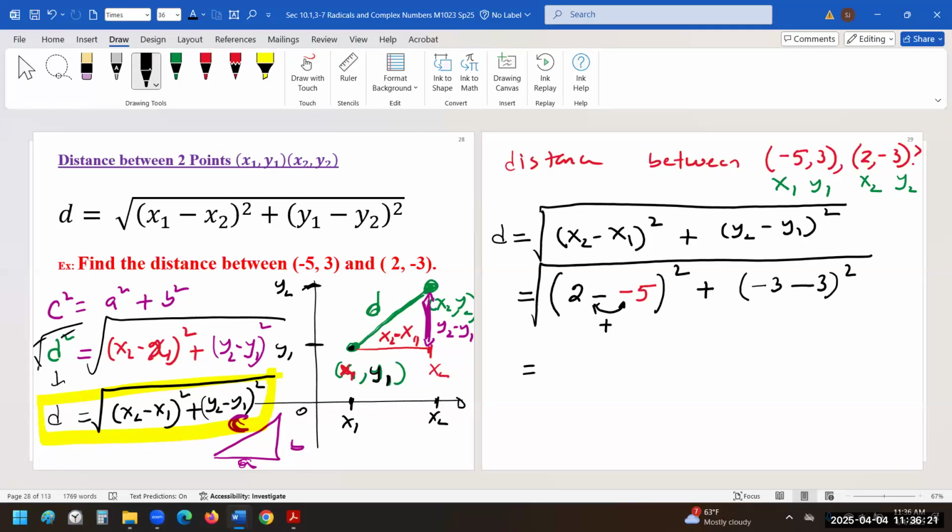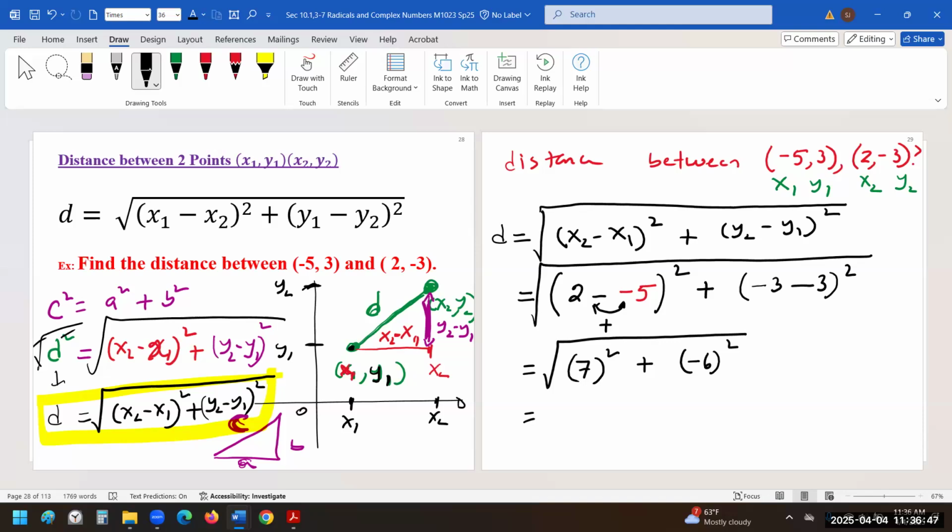So what do you have in the first parenthesis? 7. So 7 squared. And what is -3 minus 3? -6 squared. You cannot cancel the radical with the power because we have a relation here. In a relationship, the radicals and power cannot cancel out.